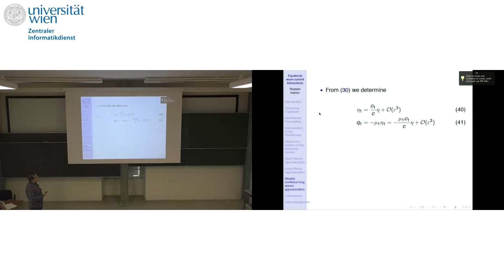And then the result is that eta1 and q1 follow, these are the unscaled ones, but the scale is epsilon squared. That's not written here. The variables on the surface follow the variables, eta1 follows eta.